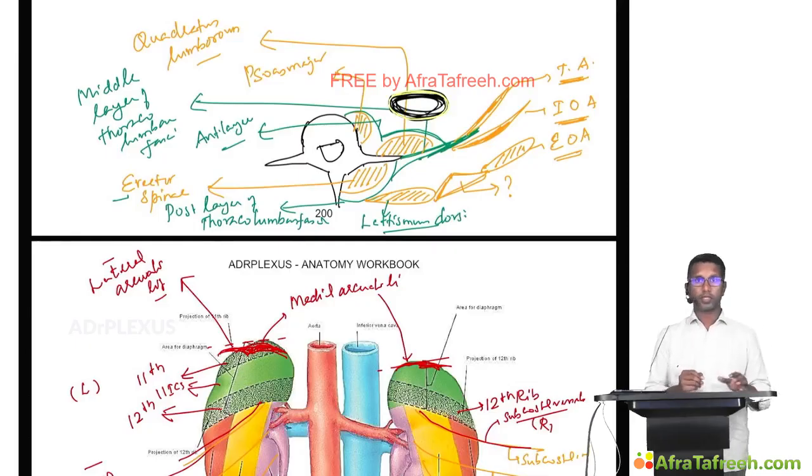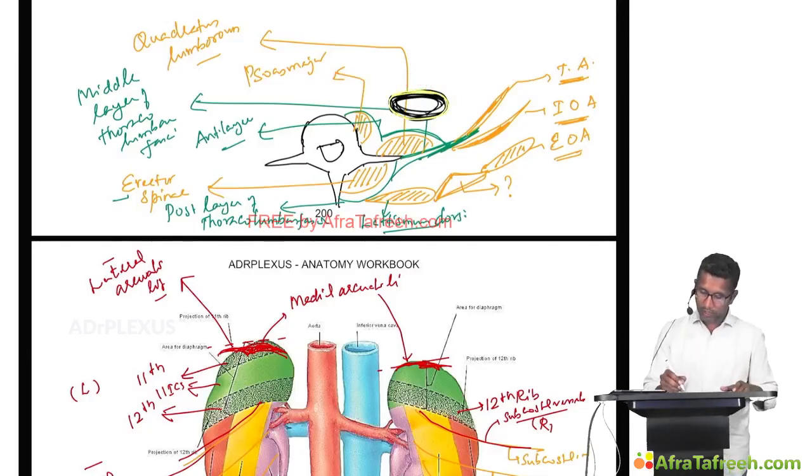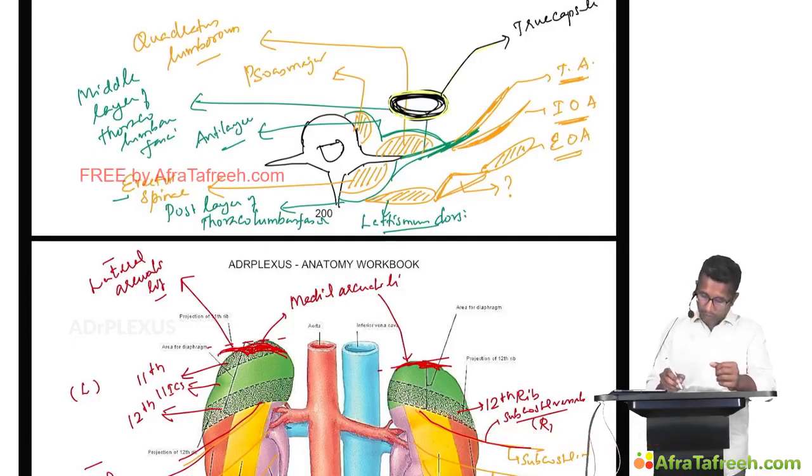This is a true capsule of the kidney. So this is the first covering of the kidney. What does this yellow color represent? This yellow color represents the true capsule of the kidney. And outside the true capsule of the kidney there is a layer of fat which is seen.